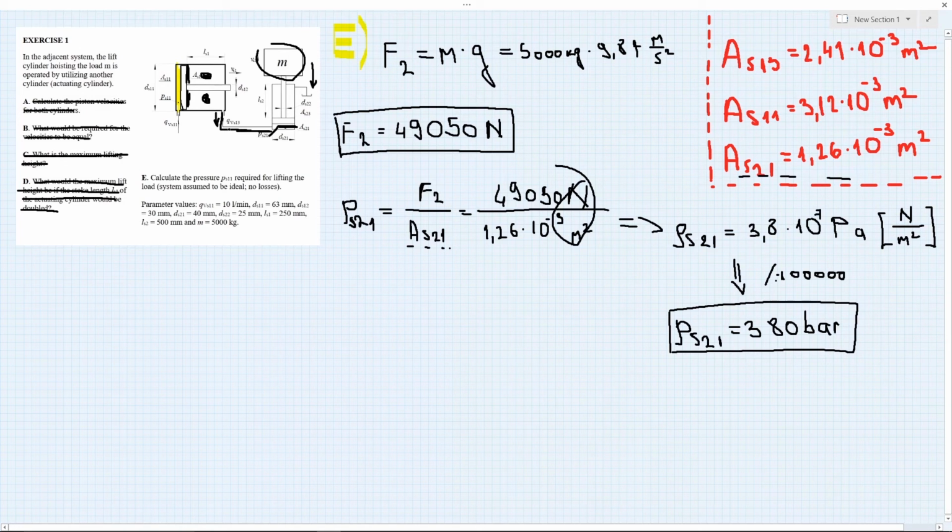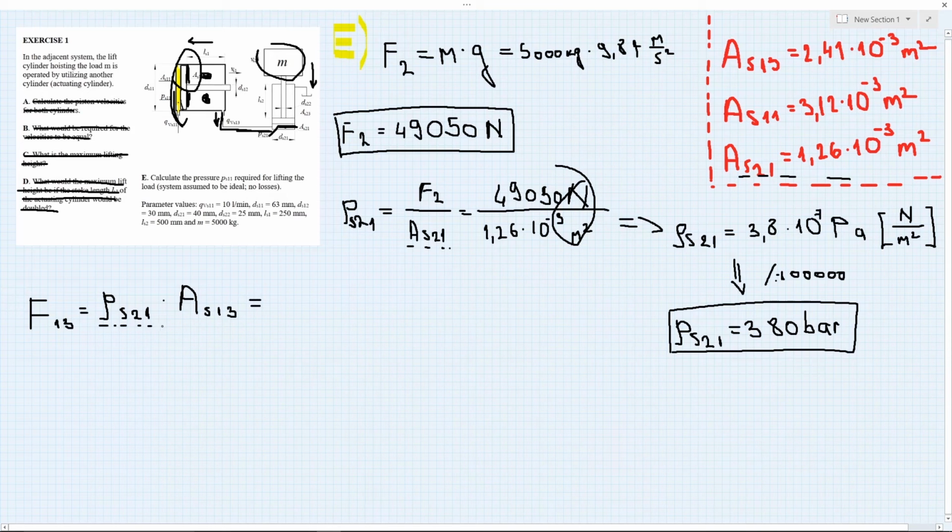So now we have to calculate the force that this pressure will exert on this piston. We're going to call this force F13 because it acts on the back, and it's going to be equal to the pressure we just calculated, PS21, the pressure going in here, times the back ring area of the piston, AS13.